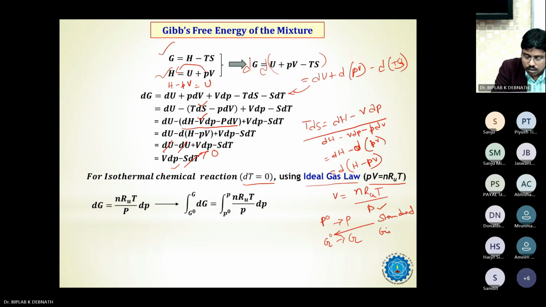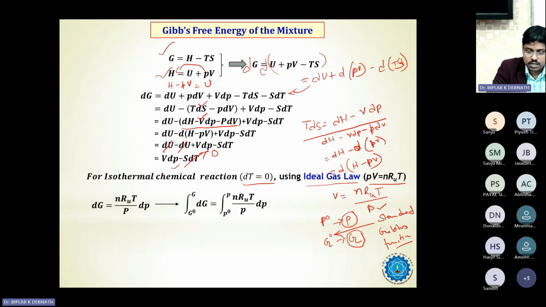Standard Gibbs function means the Gibbs function for a particular substance in a standard state at normal atmospheric NTP condition. Because of the chemical reaction the Gibbs function changes, and at a certain point of time when the pressure is P, the Gibbs function reaches G.